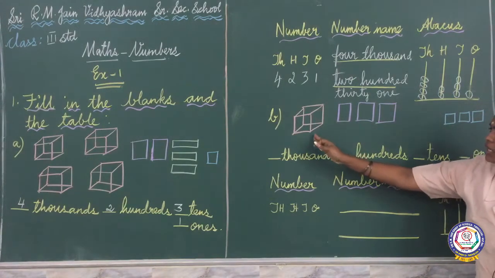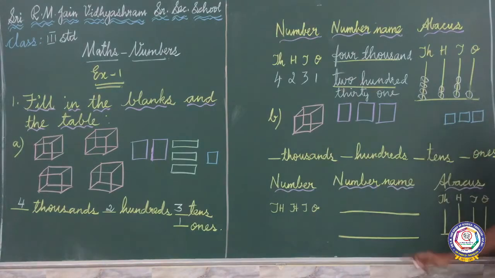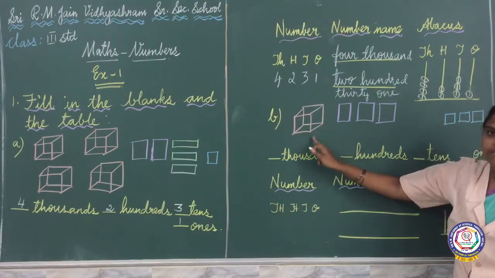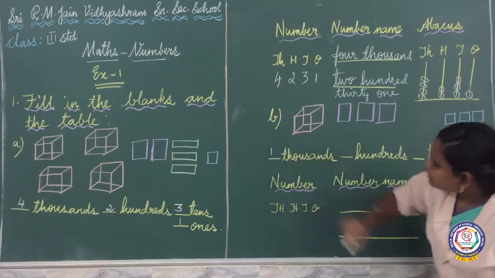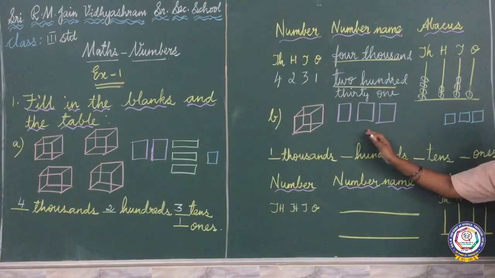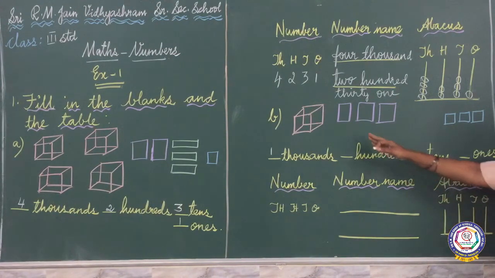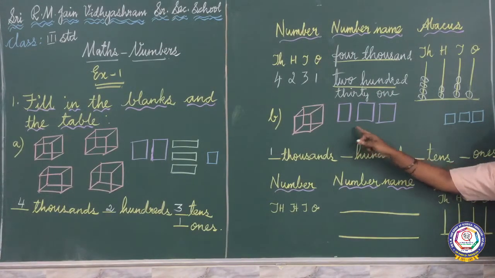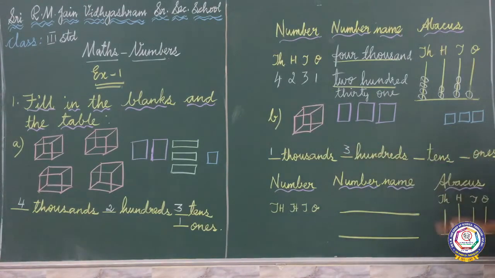Next one, I told you already, this cube box equal to 1000. So here how many boxes are there? Only 1. So how many thousands? Only 1. Then this one represents hundreds. How many hundreds are there? 1, 2, 3. So you write 3 hundreds. Next, tens.